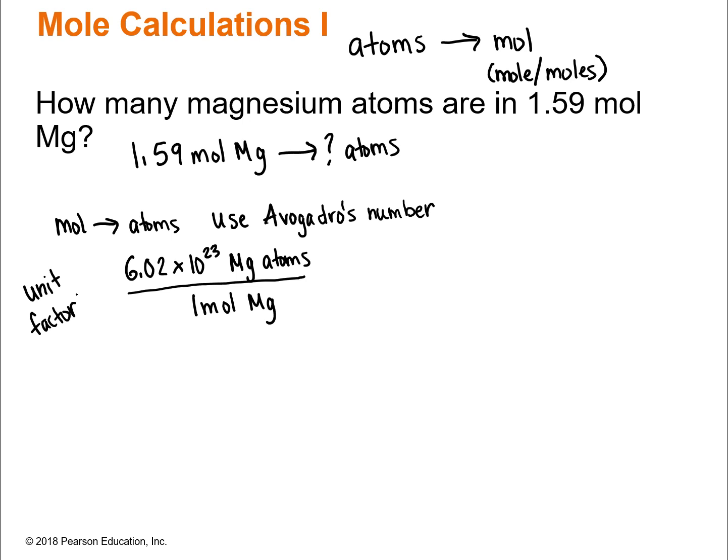That's one unit factor. Take a second and write down what the other unit factor is. See if you can jog your memory of chapter 2. Hopefully it's not too traumatizing.